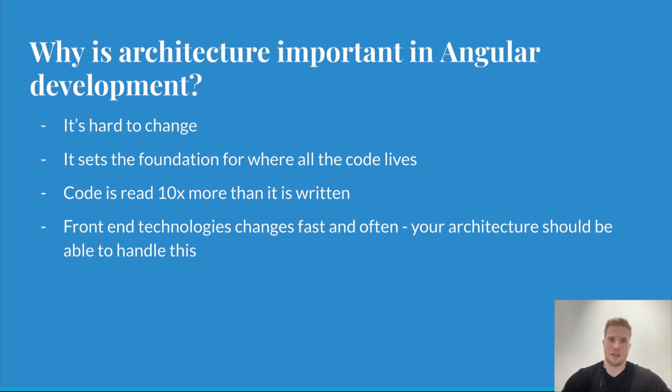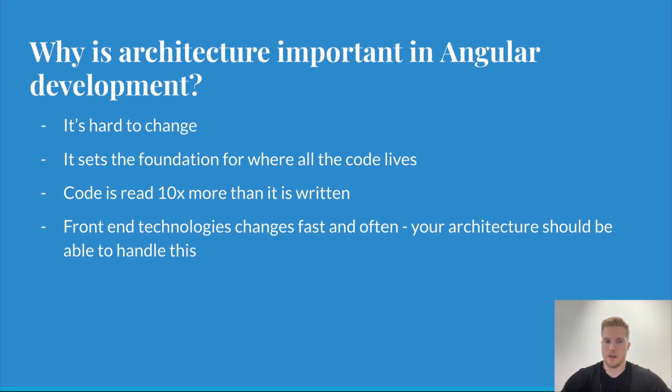And why is architecture important in Angular development? As I just said, it's hard to change later, so you have to build the right foundation. Like for a building, you cannot just change the blueprint after it's built. And code is read 10 times more than it's written, so you want to optimize for that and make it very readable.